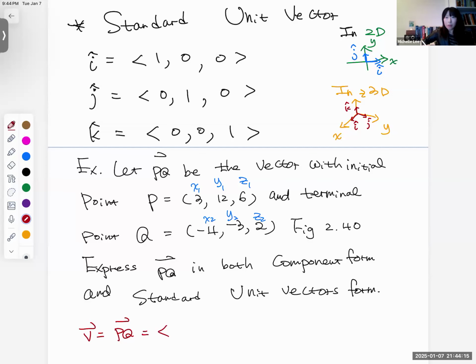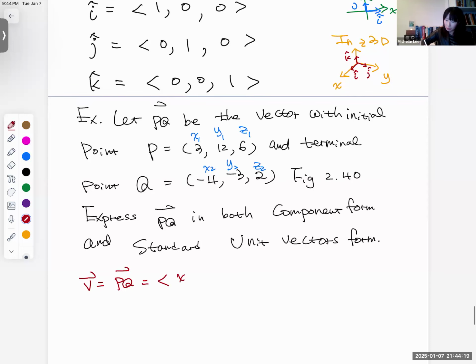Then the vector component form: you take x sub 2 minus x sub 1 for the first, and likewise for the second and third, right?